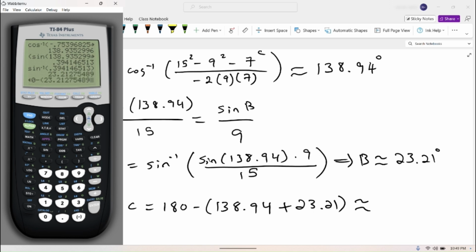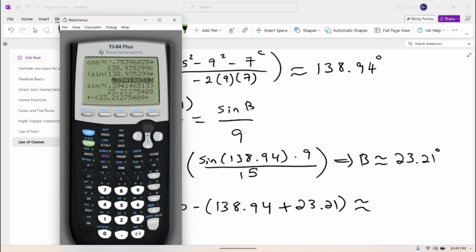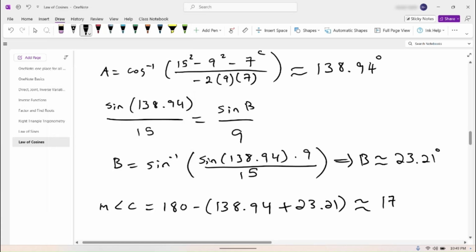Addition is commutative, so it doesn't matter what order we have the B and A, since we're solving for C. So C, measure of angle C, is approximately 17.85.